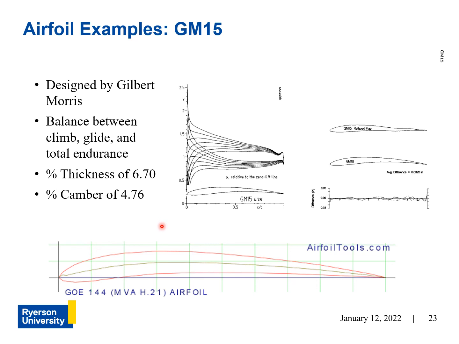And what's special about the GM15 is that it's referred to as a flapper airfoil. And you can see that it actually has two configurations right here. So using a flapper airfoil is a good strategy in situations where climb and glide are the primary objectives of your flight. So what exactly is a flapper airfoil?